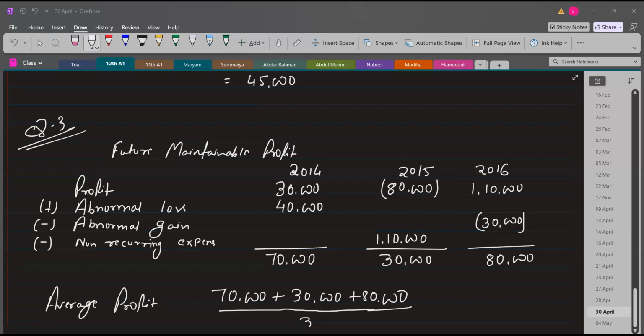The investment fluctuation reserve, I think, so it should be IFR. Investment fluctuation reserve. Sumaya, we will discuss your doubt at the end of the class.